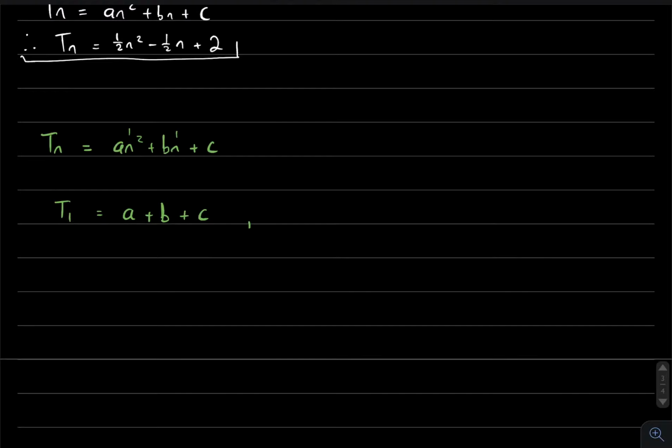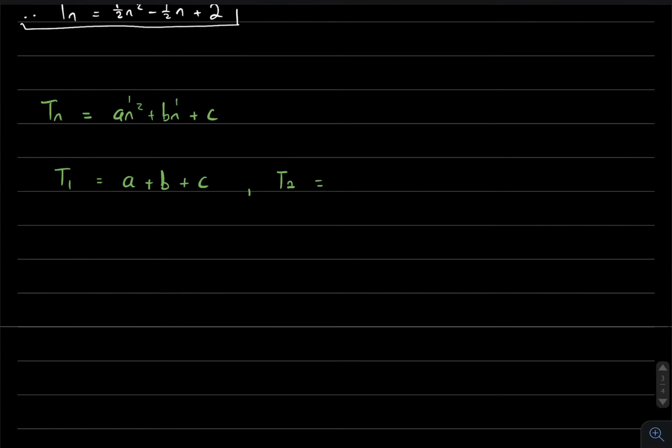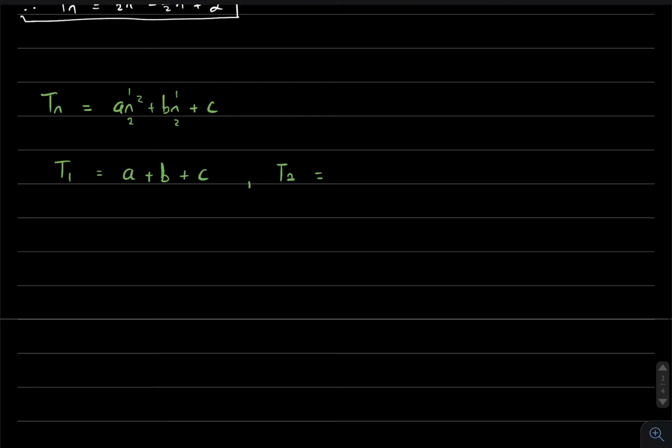Then our second term, t2, would be equal to a times 2 squared. We're substituting 2 into n now. So we get a times 2 squared, which is 4a, plus 2 times b, which is 2b, plus c. Our third term, we're substituting 3 into n now.